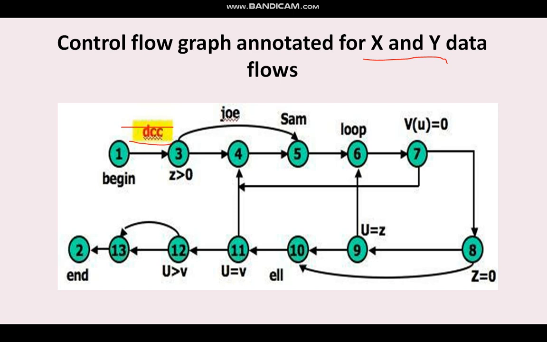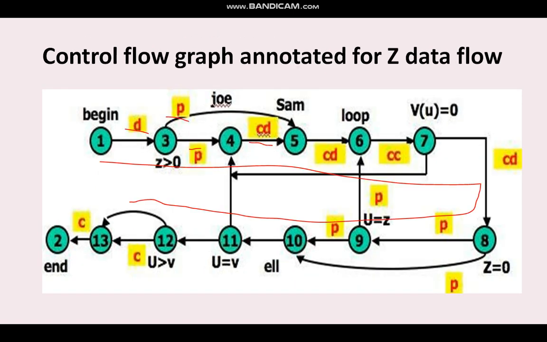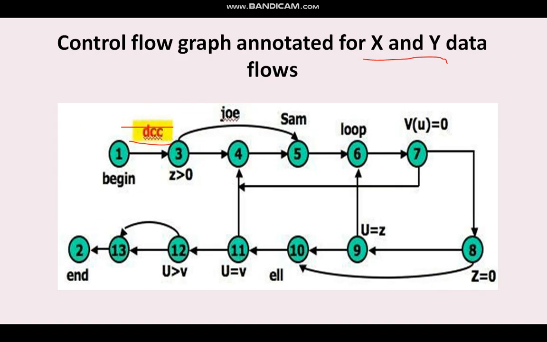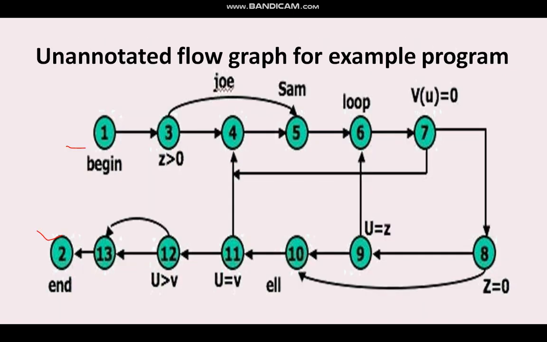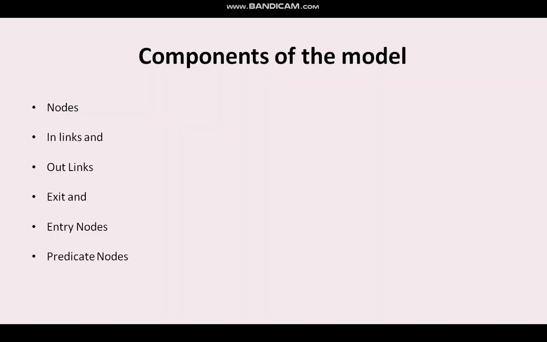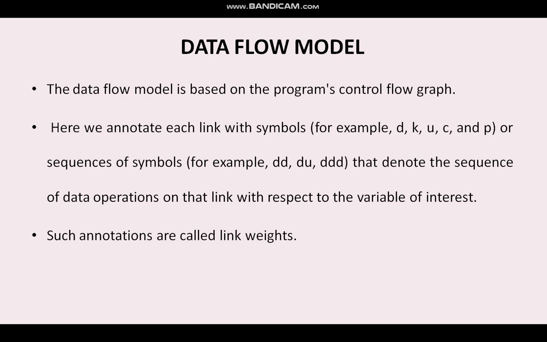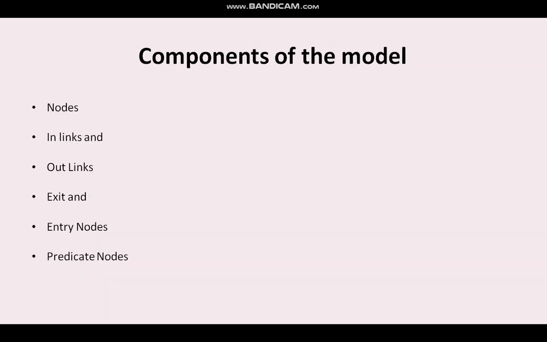This is for the xy data, this is for the z data, and this is for the v data. In total we have three data flow models, or data flow graphs, for one single unannotated flow graph. You have to remember this, it is very important: the data flow model contains notations for each and every link like this.